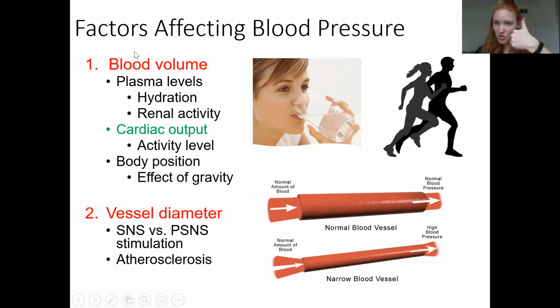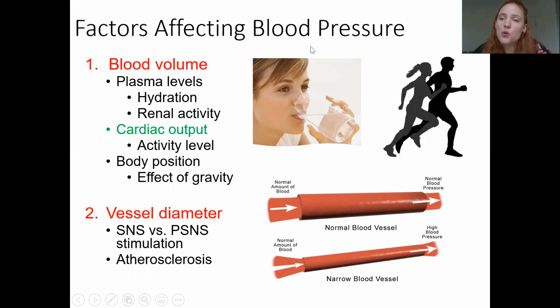Higher volume, more pressure, more stuff in the same amount of space. The second way to change the pressure is the diameter or the radius of the blood vessel, because that tells you the volume that the blood is allowed to occupy. So pressure is just looking at the volume of the stuff in the space that it's found inside. Those are the two main factors that affect blood pressure.